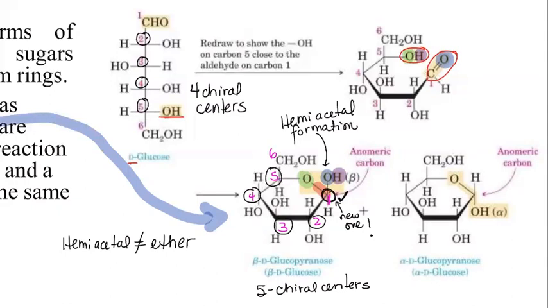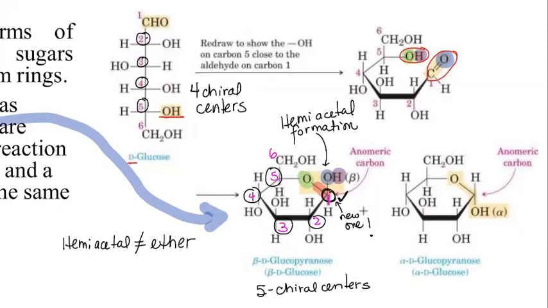This new position where the hemiacetal is formed has a particular name. It's called the anomeric position. The anomeric position results from the reaction of the OH group on carbon 5 and the carbon in the carbonyl on carbon 1.